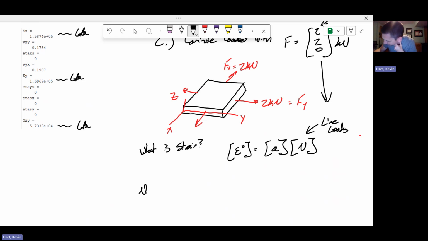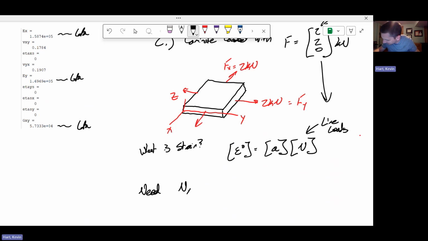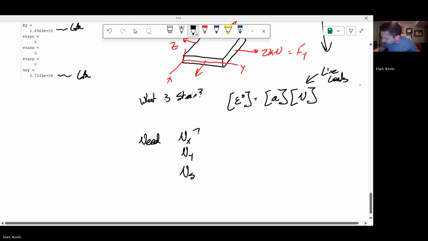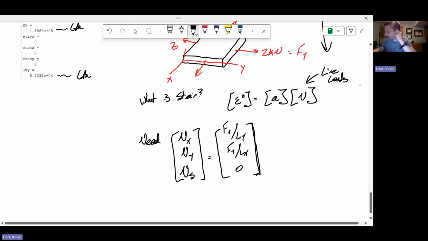So what are Nx, Ny, and Ns? These are simply force Fx over Ly, Fy over Lx, and this is 0 because we have no Fs.